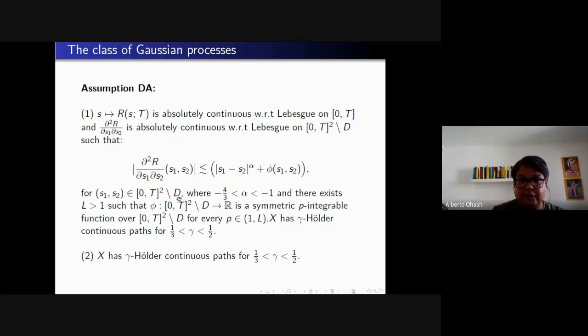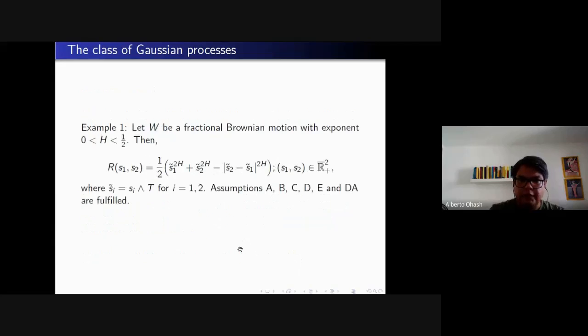So we need this kind of regularity. And of course, X has to satisfy some gamma Hilbert continuous regularity on this range. Okay, so the first example is a classical one in the literature on rough paths. It's fractional Brownian motion. So fractional Brownian motion has this kind of covariance structure here.